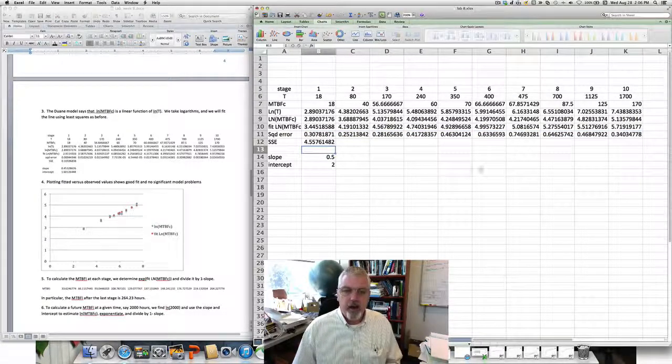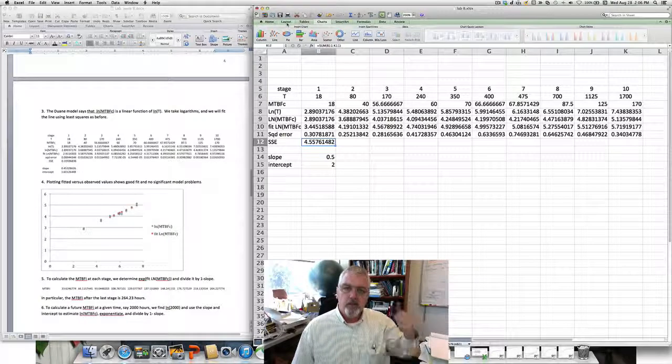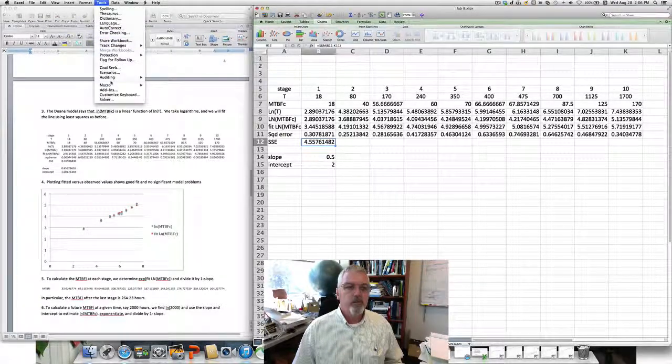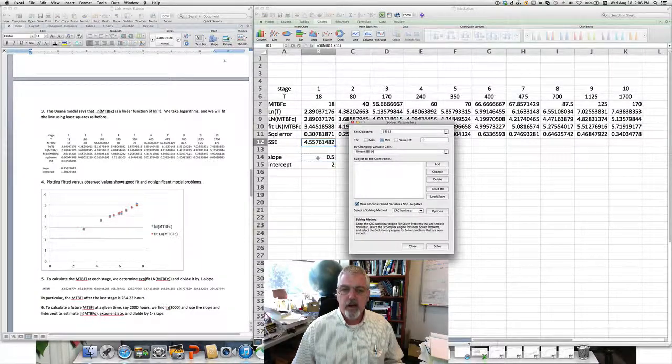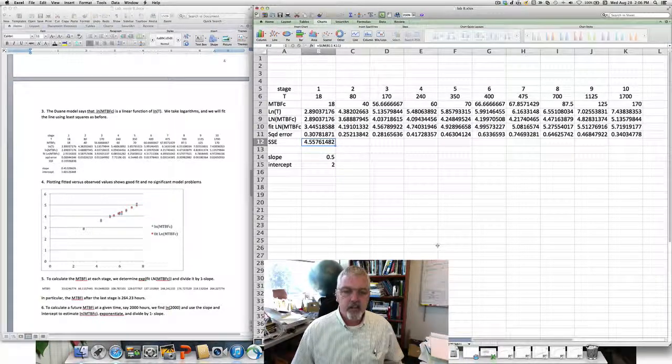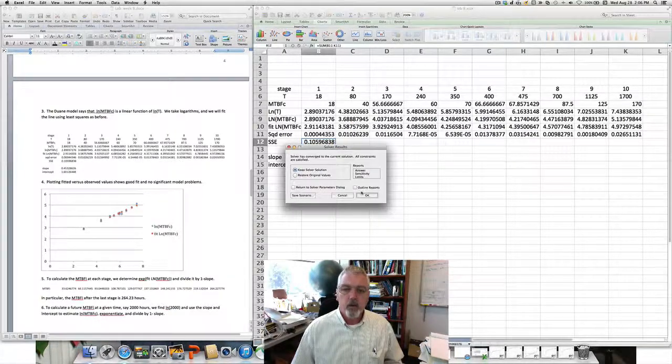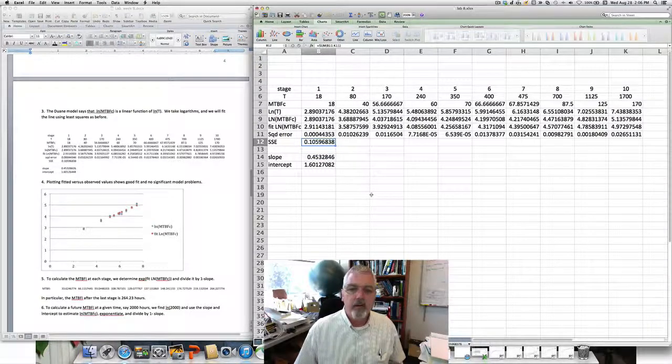And we want to pick the values of a slope and an intercept that make the sum of squared errors as small as possible. And again, that is a job for the solver, so we go to tools, solver, minimize that cell, by changing the two values of the slope and intercept, and we solve that, and unless I've made some egregious typing error, we should get the same numbers again, 0.45 and 1.6.